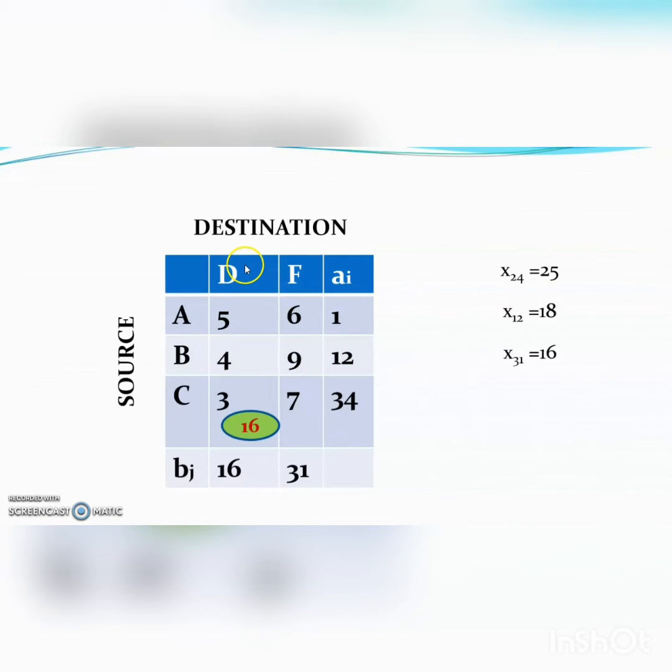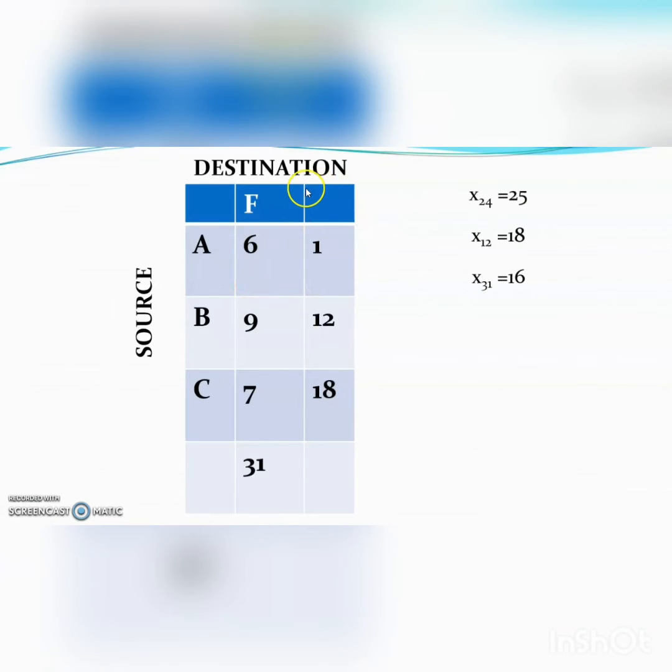Here again the requirement of the destination D is fulfilled and the availability in the source C is reduced to 18. So we discard the destination D and the reduced matrix is this.